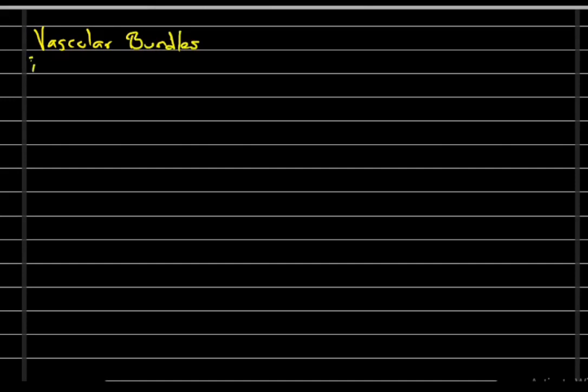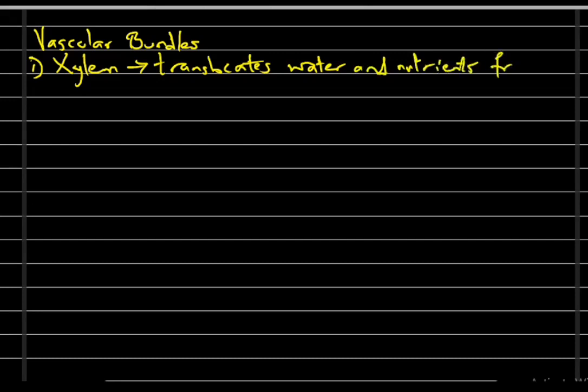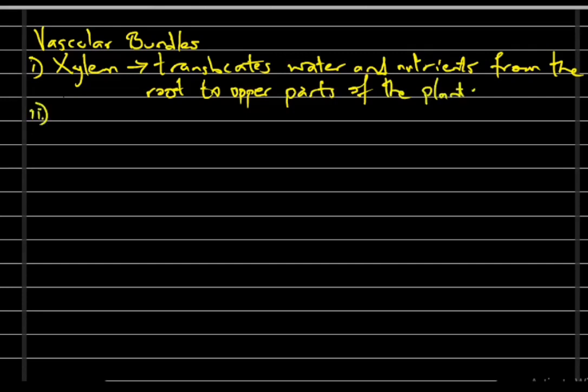And when we talk about them, we have the first one to be the xylem, and its function is to translocate water and nutrients from the roots to upper parts of the plant.